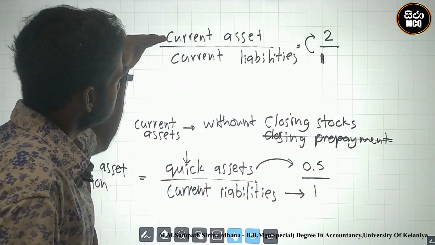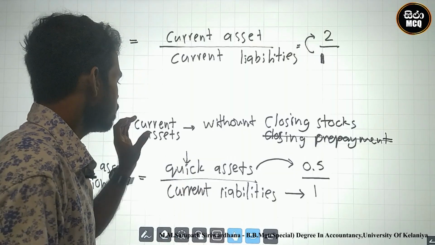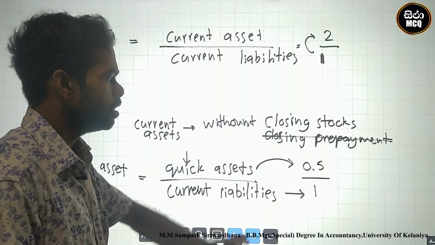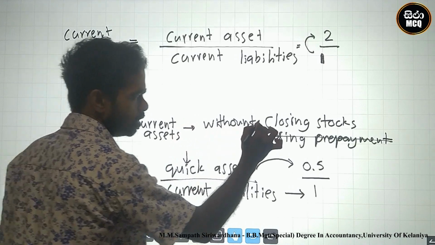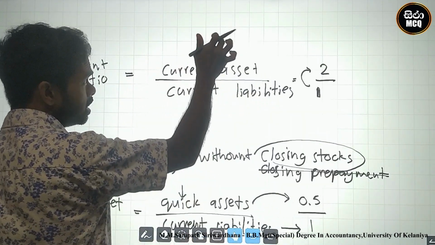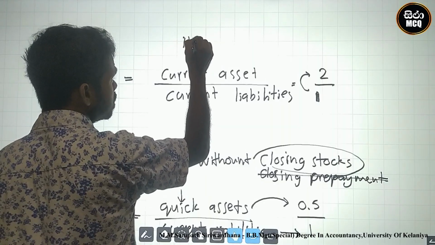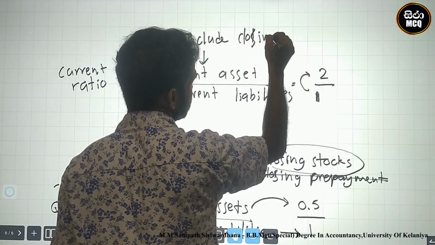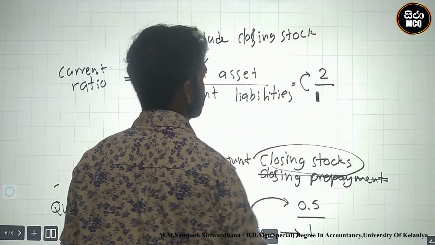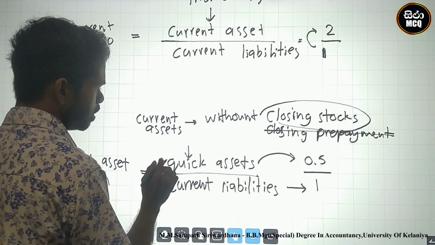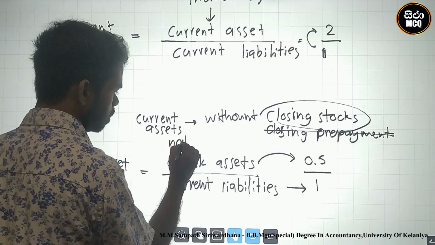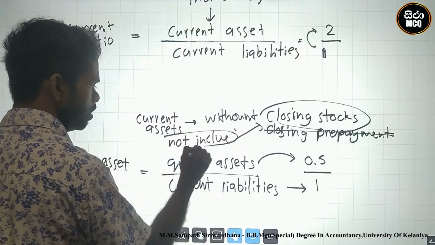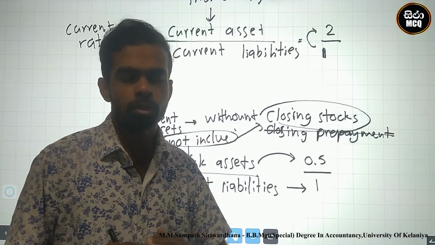Look here, the difference between the quick asset ratio and the current ratio is that quick assets do not include closing stock. Current assets include closing inventory. The quick asset means without closing stocks.